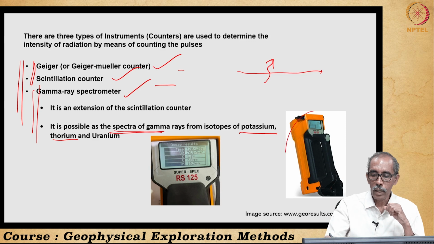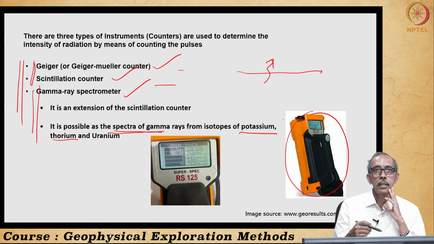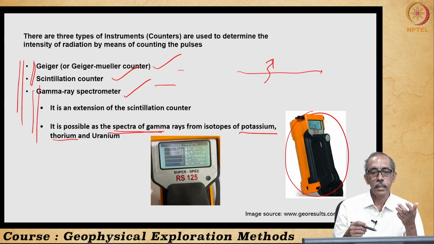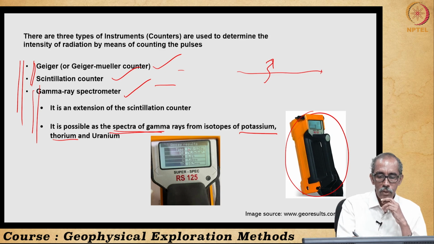Here is a picture of a popular gamma ray spectrometer, a handheld meter, a very compact meter, right. And here you can see the results as we walk. It shows us the results of uranium, potassium and thorium, right. You can see the meter is clearly giving.